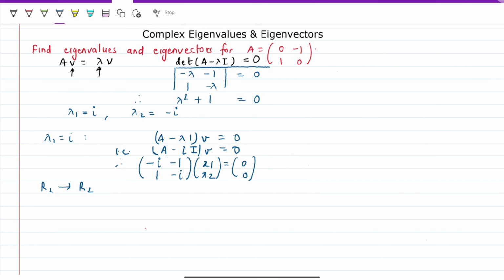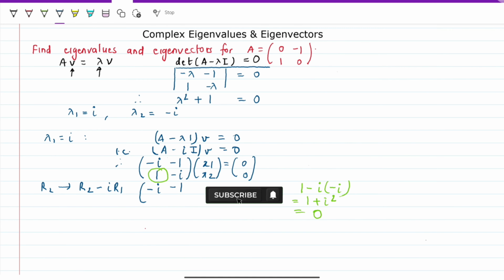On R2, we now perform R2 changes to R2 minus i times R1. Let us see how that affects the R2 elements. For this entry, we will have 1 minus i times of minus i, which gives us 1 plus i squared, and that is 0. So here we have the first row remaining unaffected, and the first entry in the second row is 0.